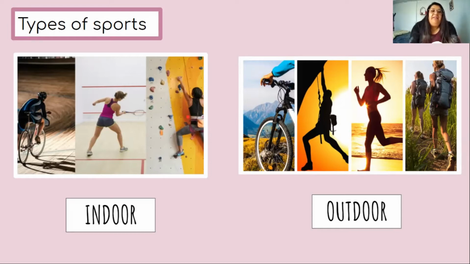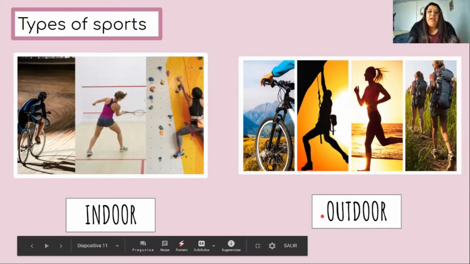Ya ustedes también van a escribir esto para que podamos clasificar los diferentes sports, si son indoor or outdoor. For example, football would be indoor or outdoor? Outdoor. Very good. And swimming would be indoor or outdoor?